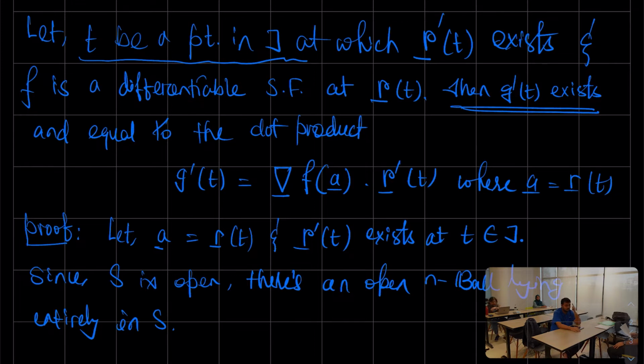Okay, thank you. I have a question here. Say we are defining r on a closed interval, so the range is in a closed interval. But when we are putting r into f, the domain of f is an open set.